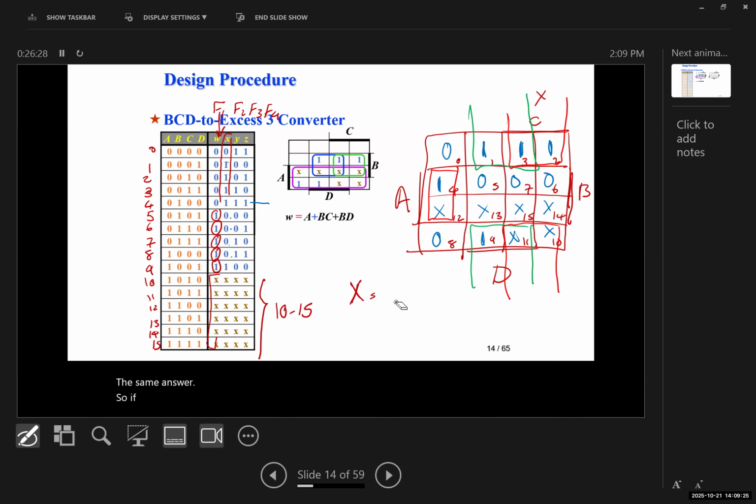So if I combine the four middle ones, I'm going to have B prime D, by the way, this is A. Plus the four on the right side, which I put together with the red, that is going to be equal to B prime C. And these two are going to be equal to B C prime D prime.